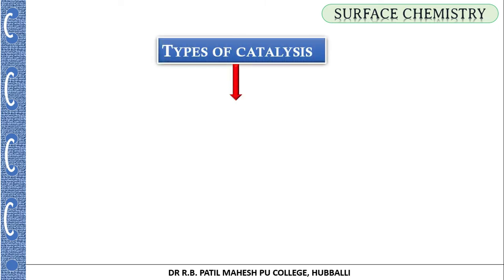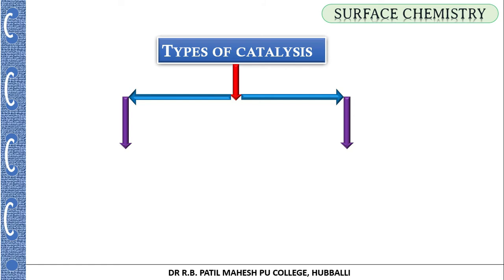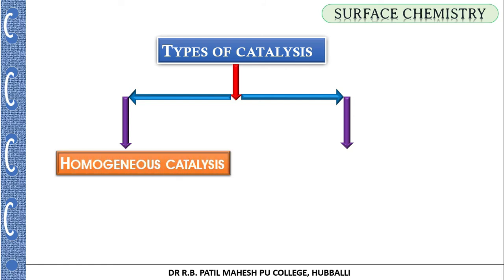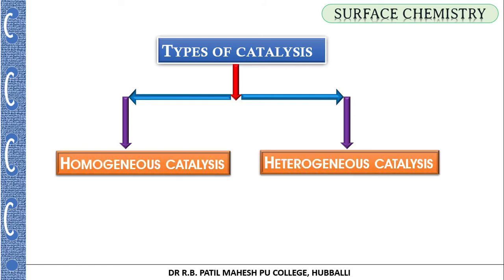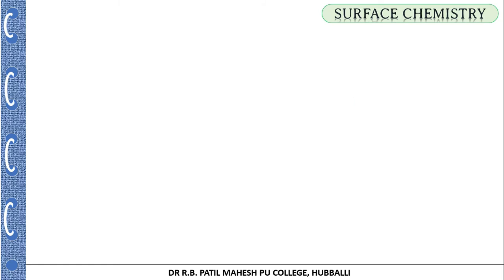There are two types: one is homogeneous catalysis and another is heterogeneous catalysis. First, homogeneous catalysis. Let us try to understand this concept with the help of an example.